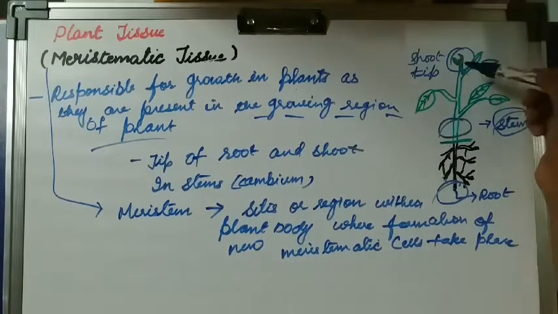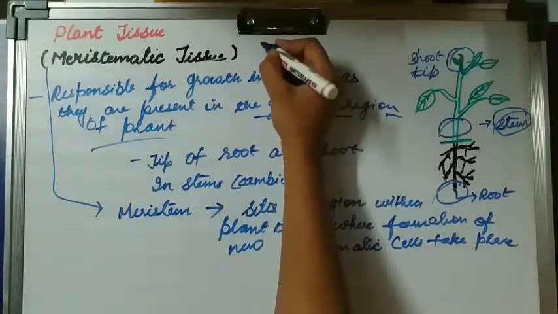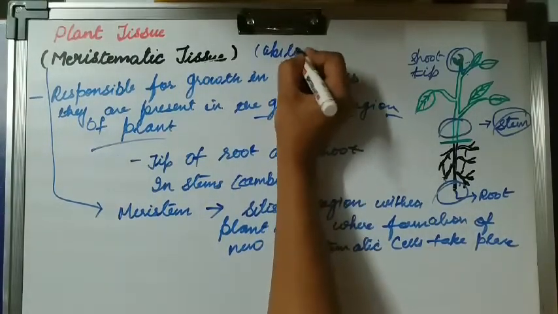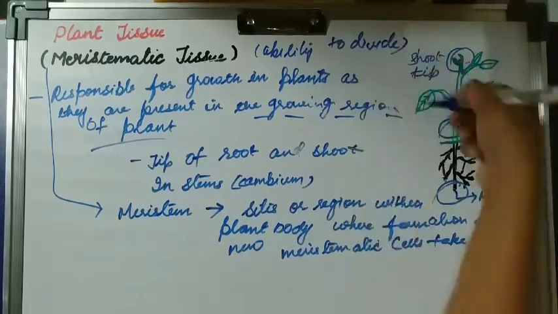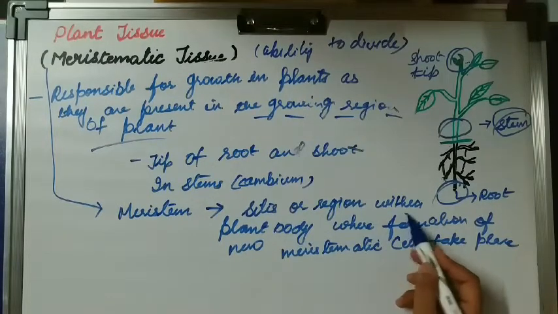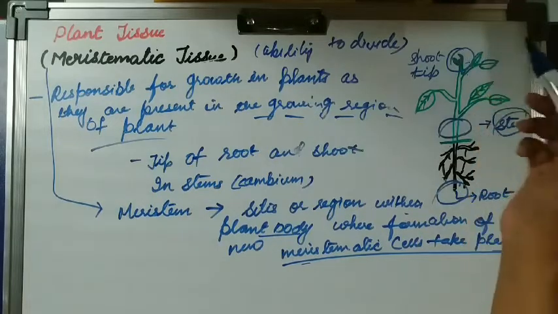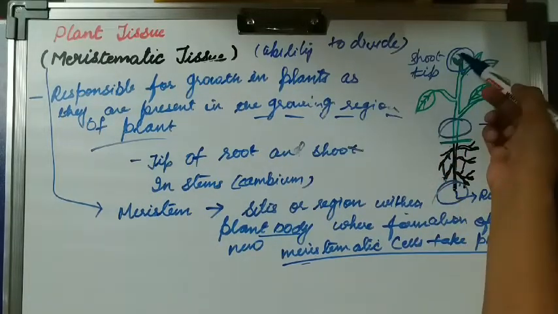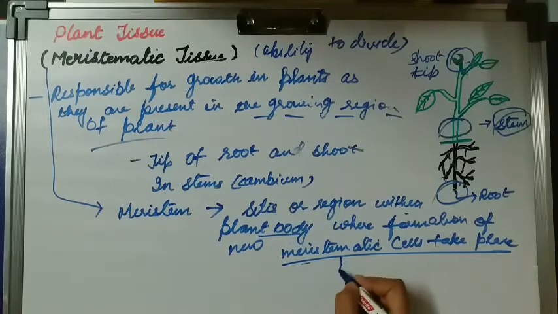Now when it is present here, it will actively divide because the meristematic tissues have the ability to divide. So it will go on dividing at those regions within the plant body where the formation of new meristematic cells will take place, and it will help in the growth of the plant. How?